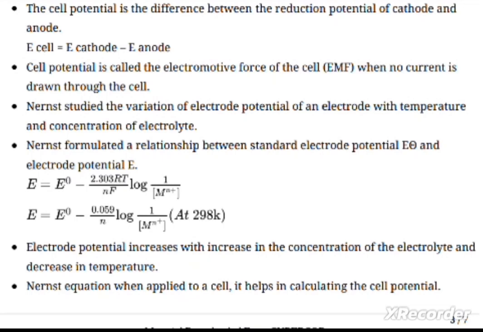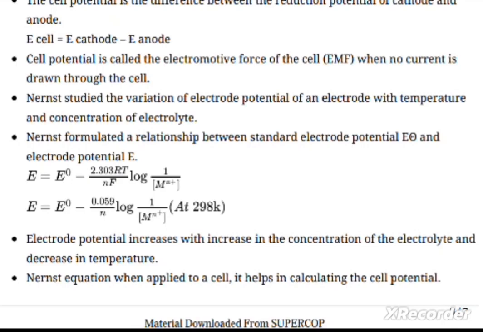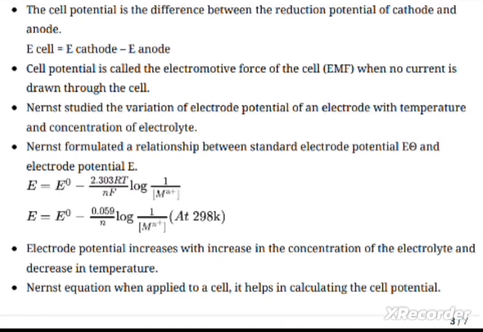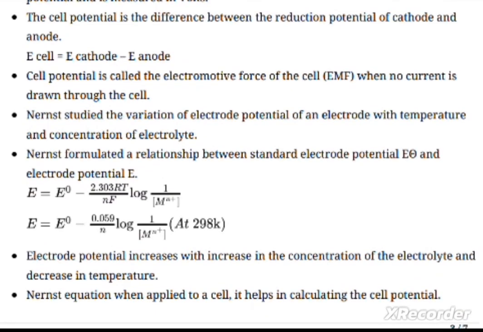Nernst formulated a relationship between the standard electrode potential E naught and electrode potential E: E equals E naught minus 2.303 RT by nF log 1 by M power n, which equals E naught minus 0.059 by n log 1 by M at 298 Kelvin. Electrode potential increases with an increase in the concentration of electrolyte and decreases with an increase in temperature.